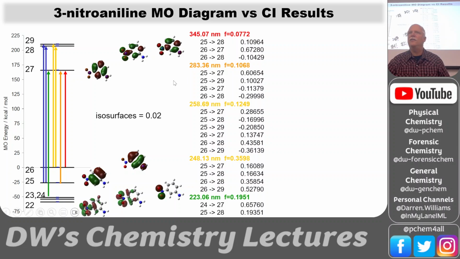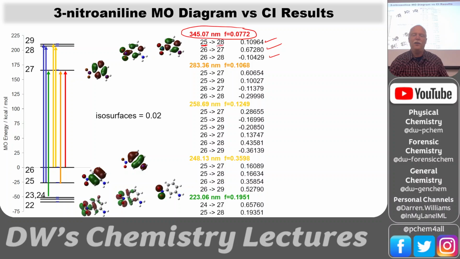Those pesky electrons are really fast, and you have interactions of multiple wave functions in the lower state and multiple wave functions in the upper state, and it's really frustrating. So this transition here has 10% of this transition, 67% of this transition, and I guess to interpret this, out of phase 10%, I don't know. These are the coefficients of these mixtures of molecular orbitals.